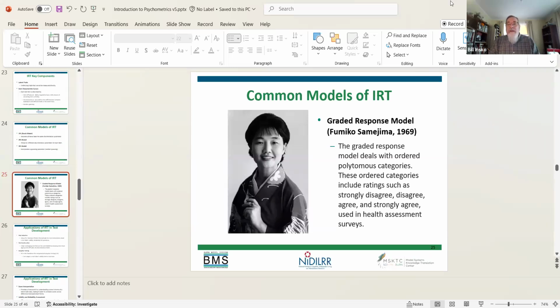And so this model gets more complicated because you have essentially a group of item characteristic curves within the same item and such. But kudos to her. It took years for psychometricians to be able to estimate the parameters for this model because it was much more complicated than the previous models.